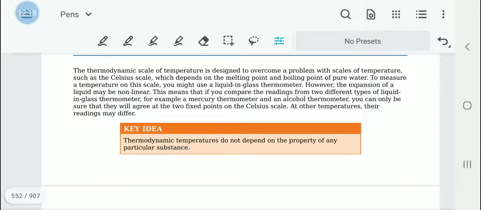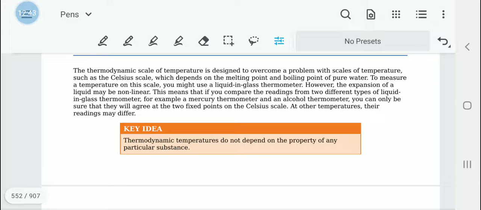The reason why we have Celsius and Kelvin is because Celsius is quite easy to understand, obviously, because it is relatable to the boiling point of water, but still we can get rid of many problems of science using the thermodynamic scale of temperature.